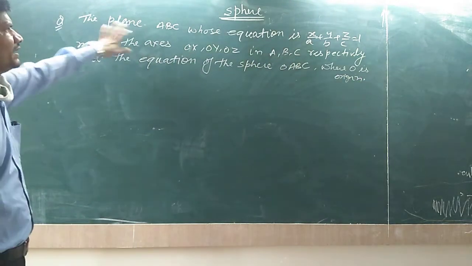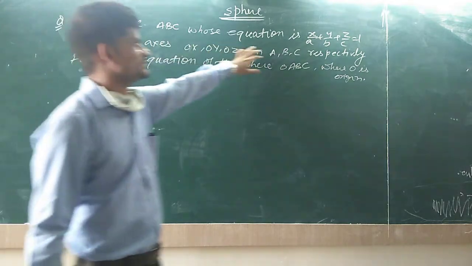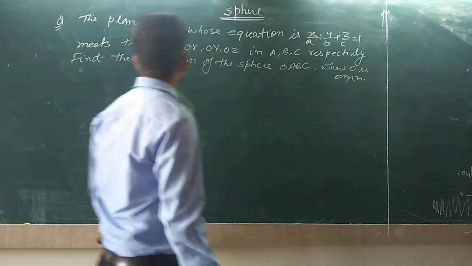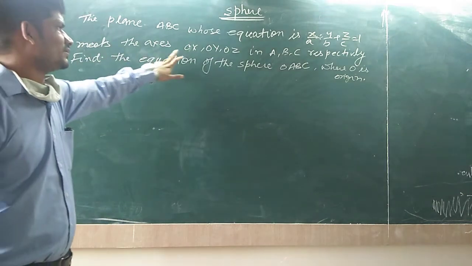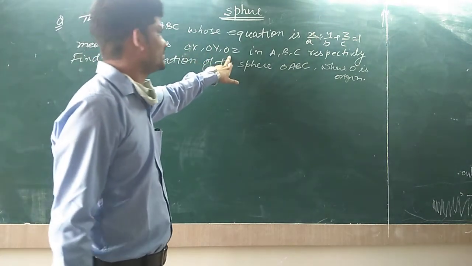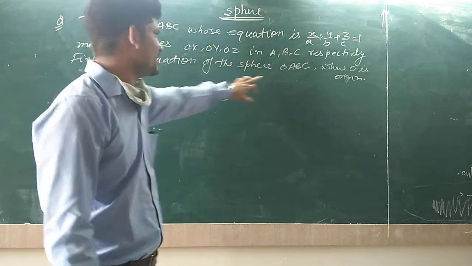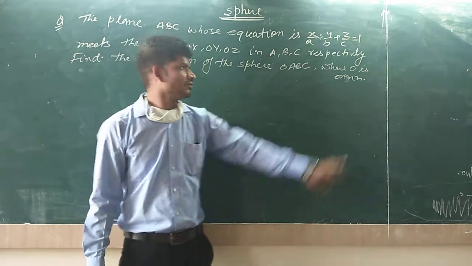Clear? The plane ABC whose equation is x upon a plus y upon b plus z upon c equal to 1 meets the x axis, y axis, z axis in points A, B, C. We have to find the equation of the sphere OABC, where O is the origin.